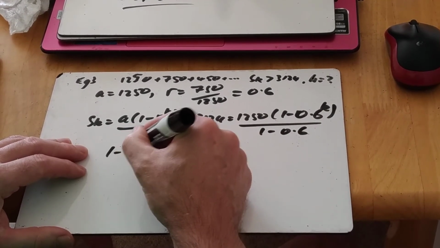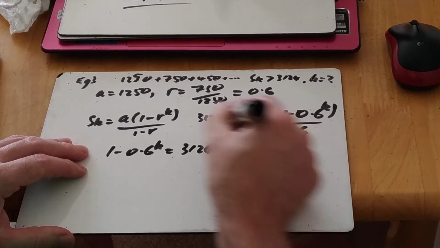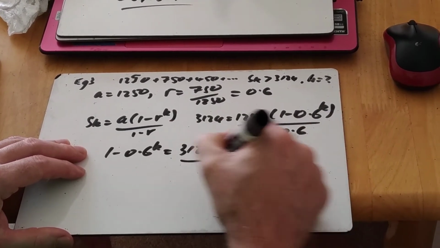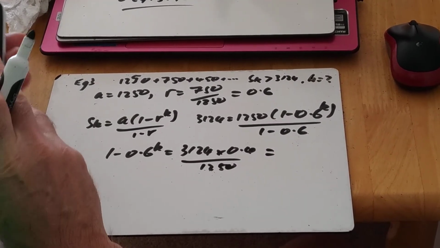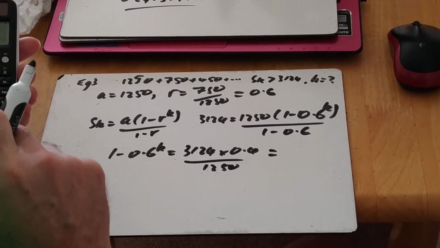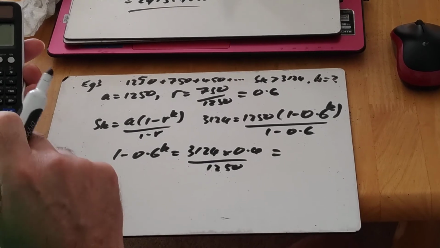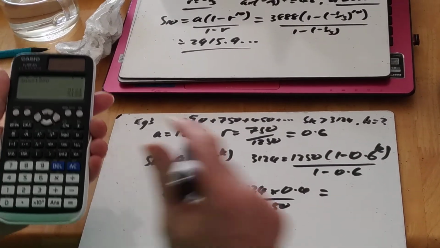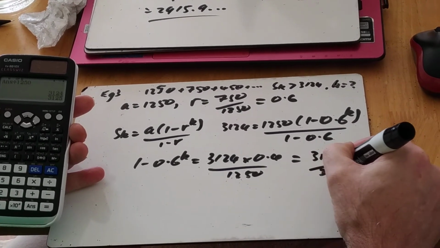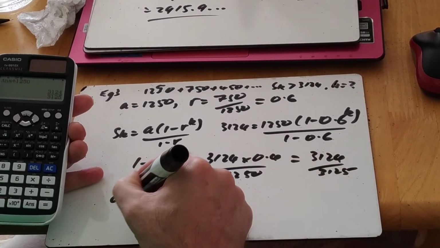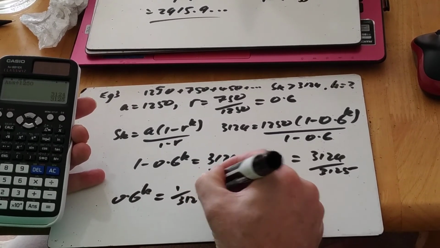So I can do some cross multiply, times by 0.4, divide by 1250. 3124 times 0.4 divided by 1250 equals, oh gosh, just shy of 1, 3124 over 3125. So when I do 0.6 to the k, there's 1 minus that, I get 1 over 3125.